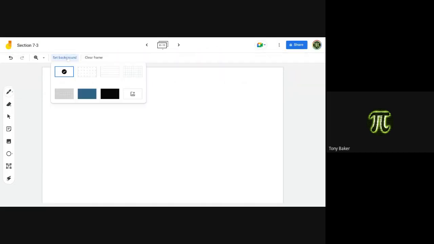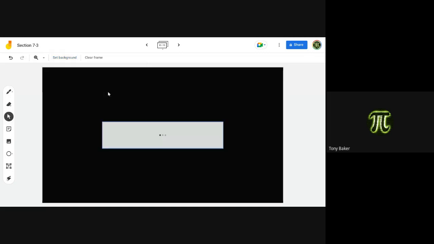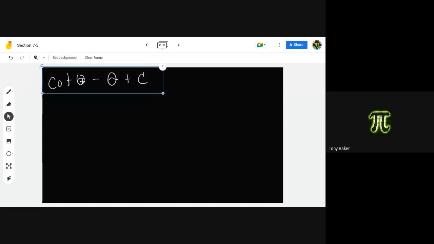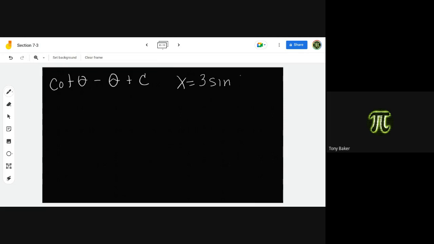So in this problem, in my original problem, X equals, was it 3 sine theta? Yeah. So X over 3 is sine theta. Now we have to remember our trig rules.